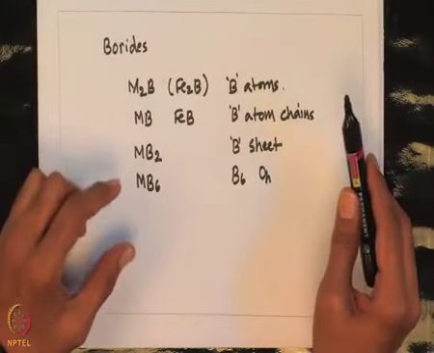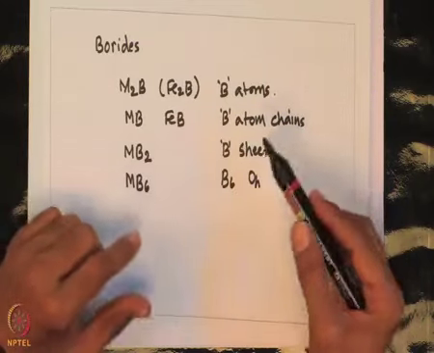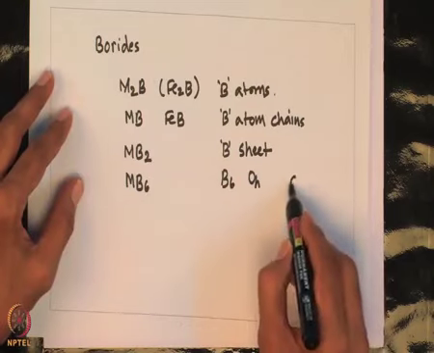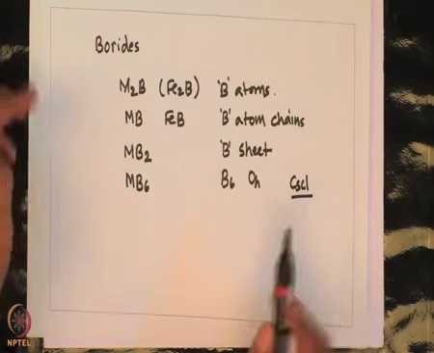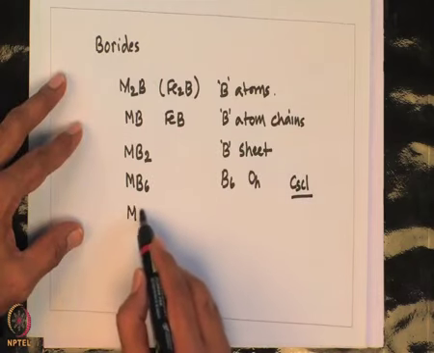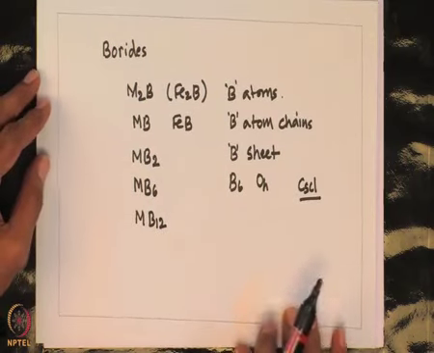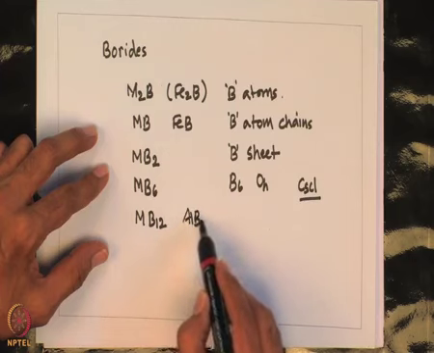So, here essentially 8 boron atoms make a cube, and at the center this B6 octahedra will be placed, similar to CsCl type structure. In case of MB12, this indicates the type of borides we come across with metals, for example aluminum B12.